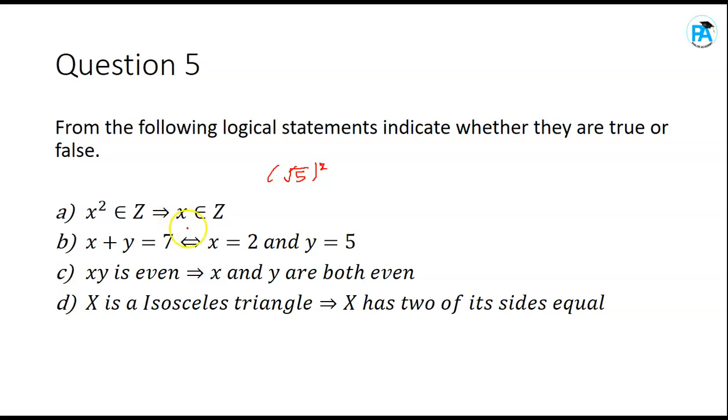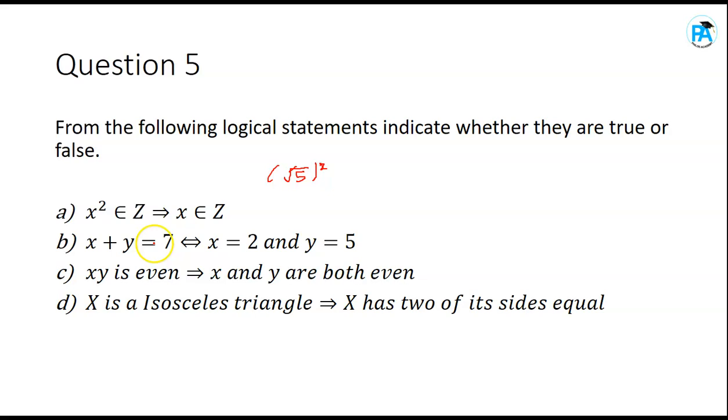But that doesn't imply that x itself is an integer. Is the square root of 5 an integer? No. Since it is not an integer, the answer for A is false.